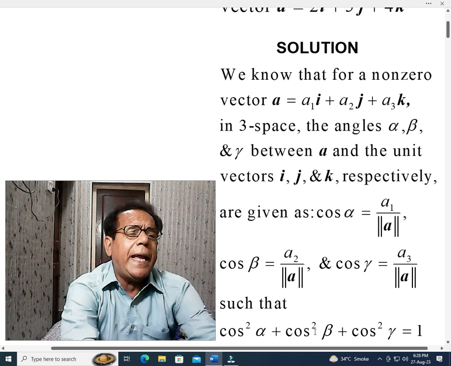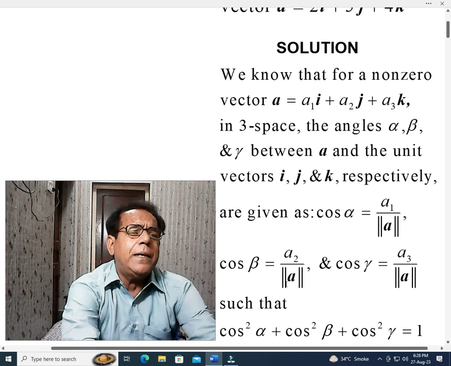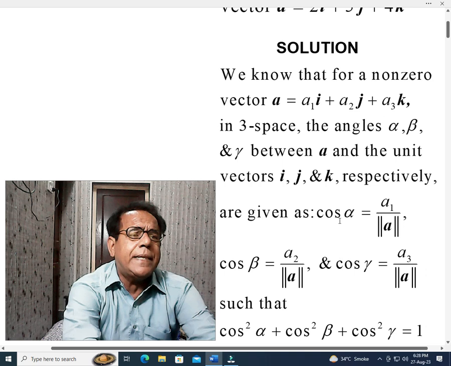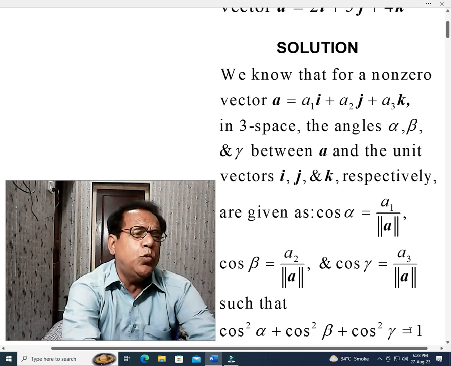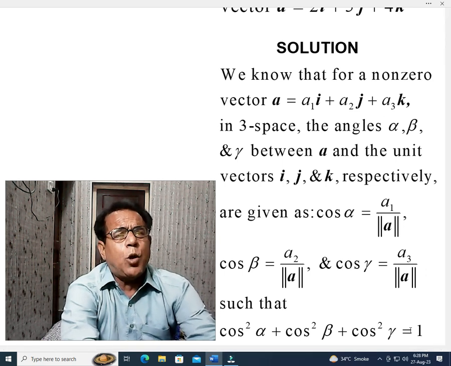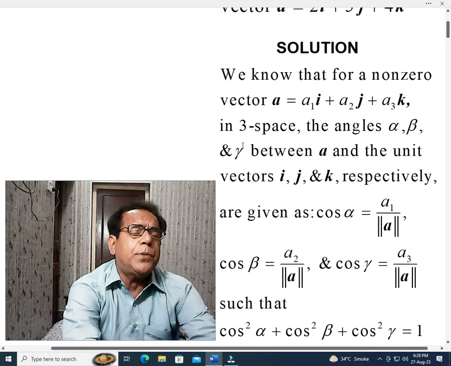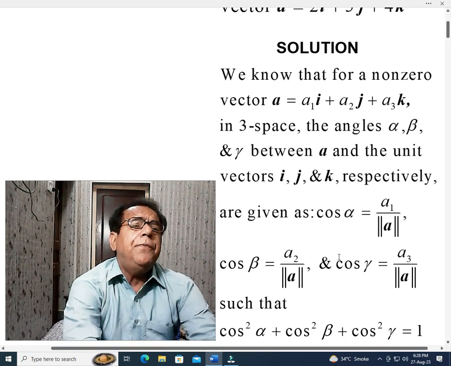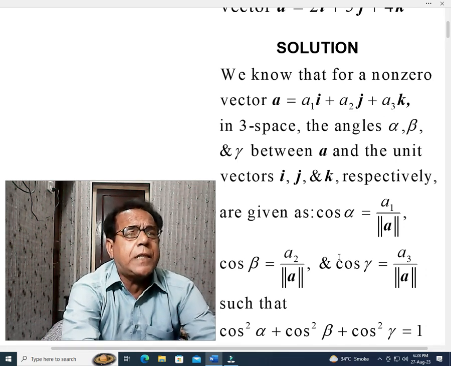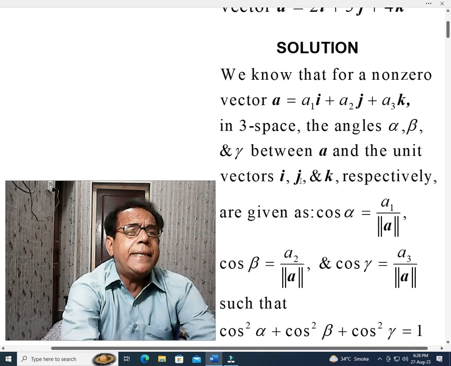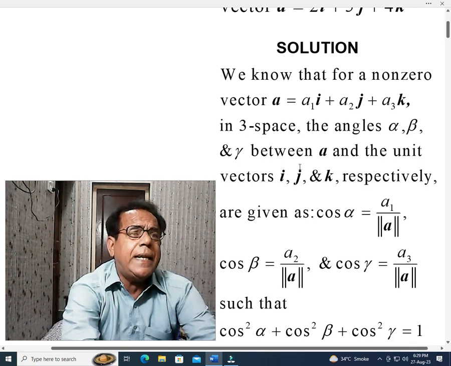This is a counter check method. After finding cos alpha, cos beta and cos gamma, we may add the squares of all these and it should be equal to 1. If it becomes equal to 1, then it is a counter-check proof that our problem has been solved correctly. This portion will be included at the beginning of every problem, but we will skip it because we have discussed it in detail in the first problem.